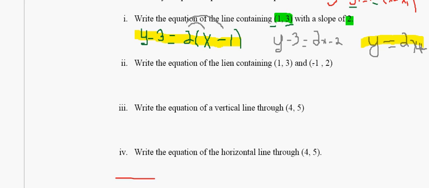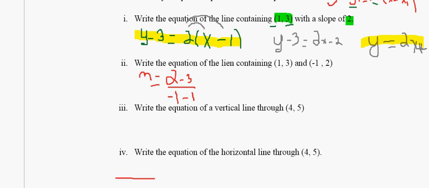Okay, next problem. Remember what I said you need? Point and a slope. Well, in the next problem, we're missing a slope. We're given 2 points, but no slope. Okay, but we certainly do know how to calculate the slope. So I'm going to first calculate the slope here.